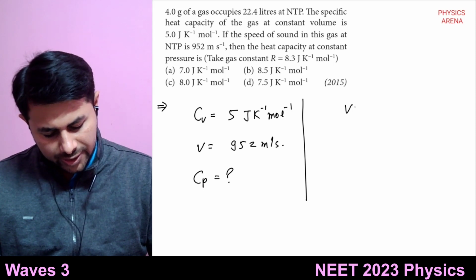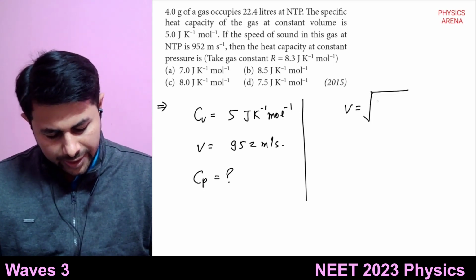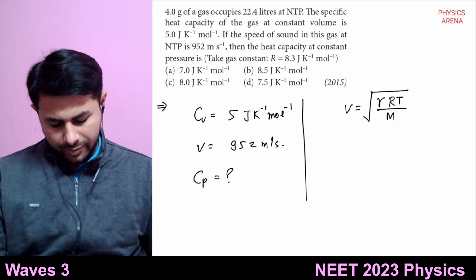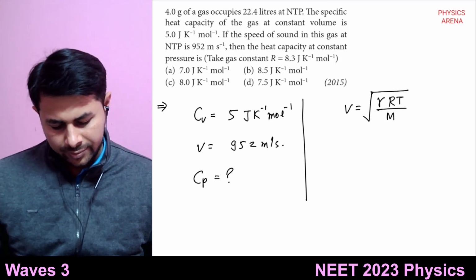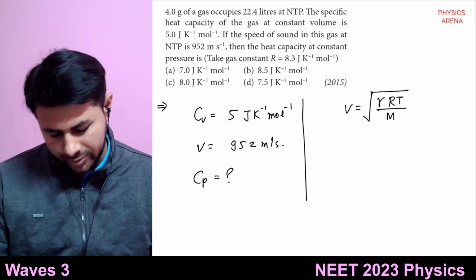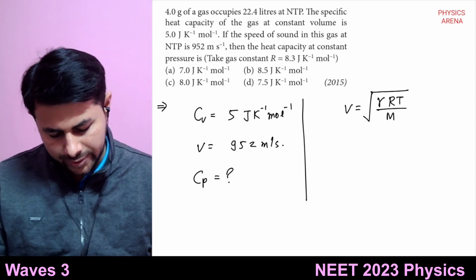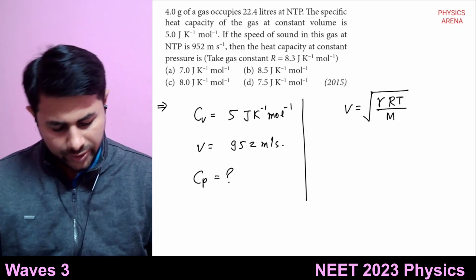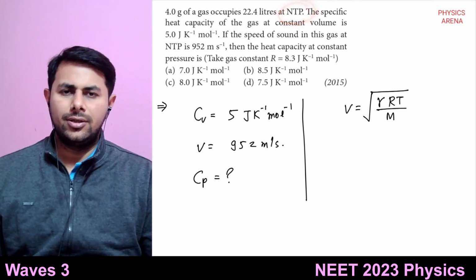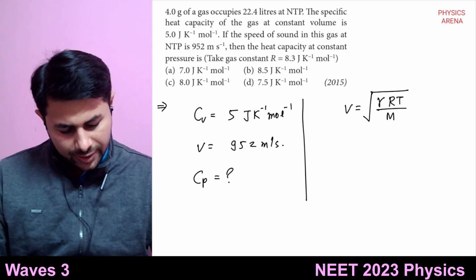So we know V is equal to gamma times RT upon M, right? Why am I using this formula? Because rho, density, is not given, and it's NTP. So the temperature at NTP is 300 kelvins.